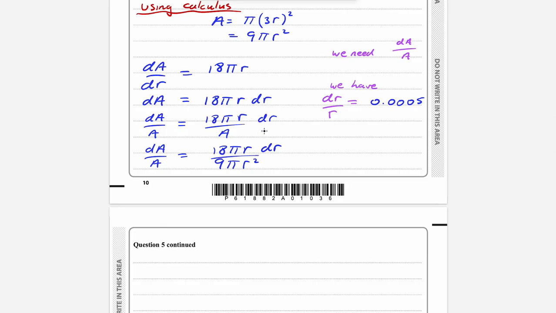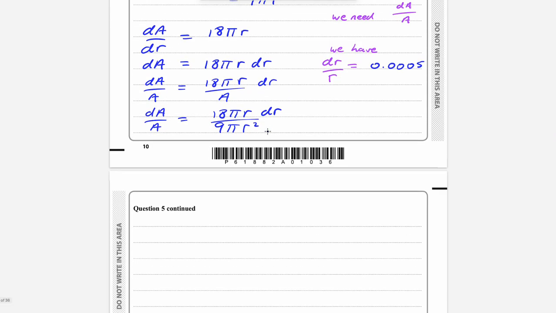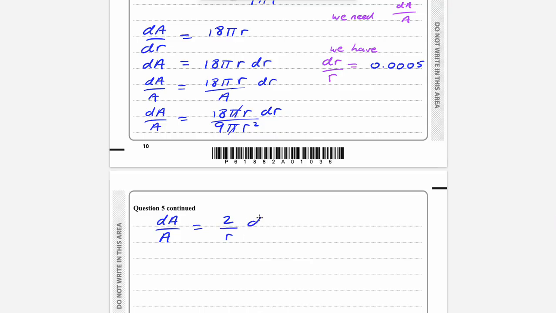So dA over A is 2, the pi's cancel, and one of the r's cancel, so it's actually 2 over r dr.